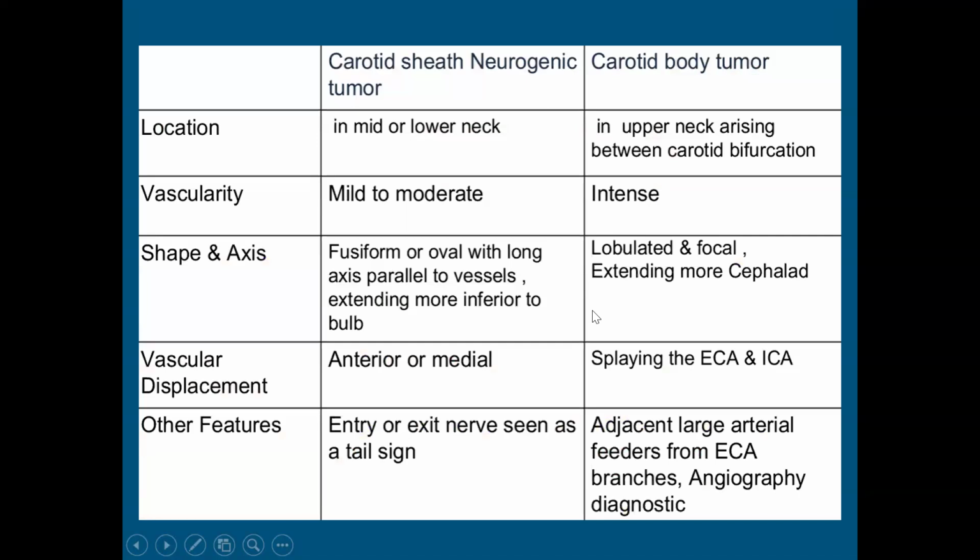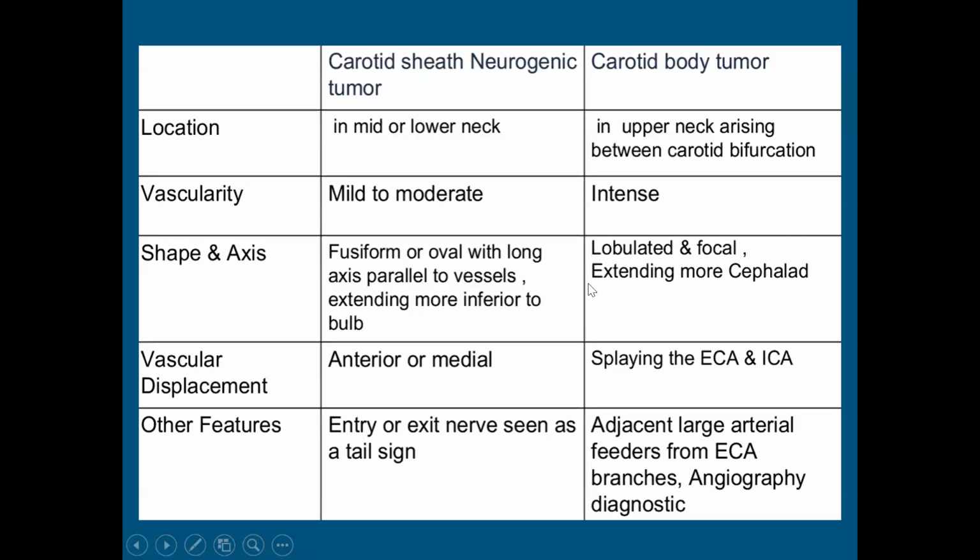Just to mention the differentiating points between a neurogenic tumor and a carotid body tumor: the vascularity will be more intense in a carotid body tumor. The neurogenic tumor would be fusiform or oval with a long axis parallel to the vessels and extending more inferior to the bulb.